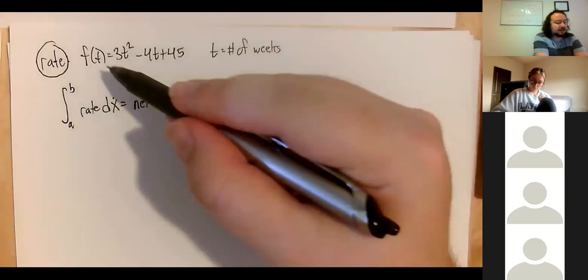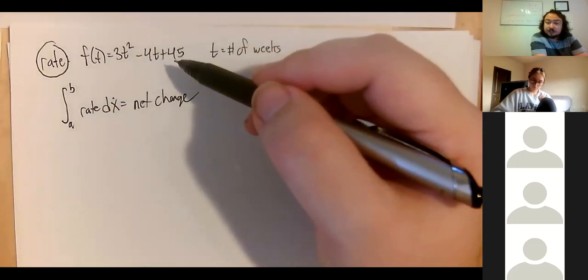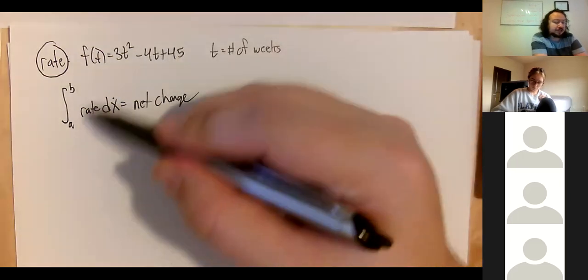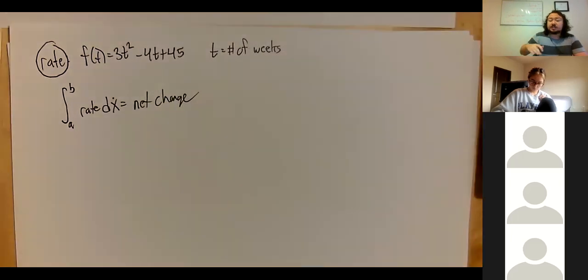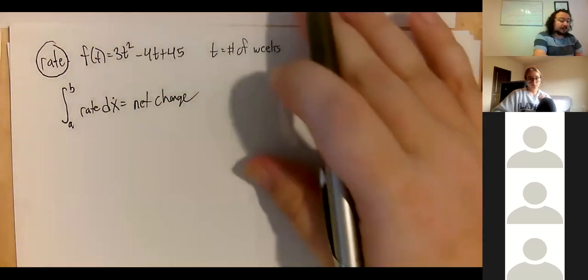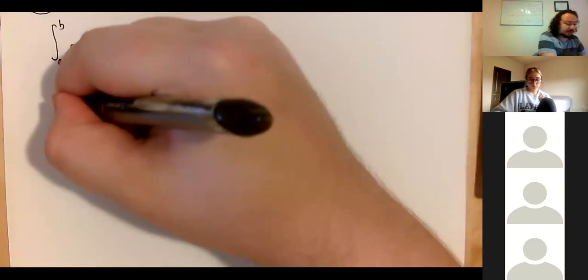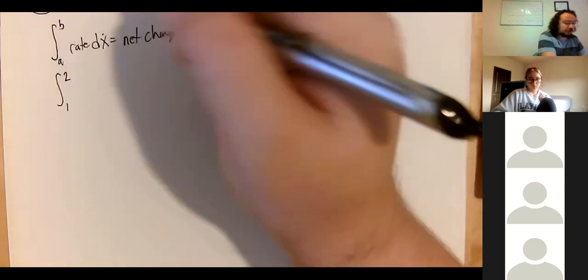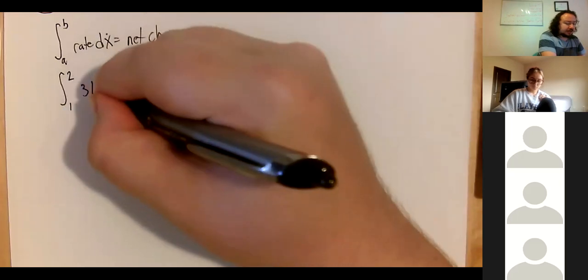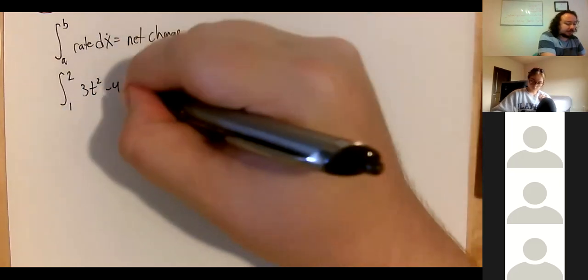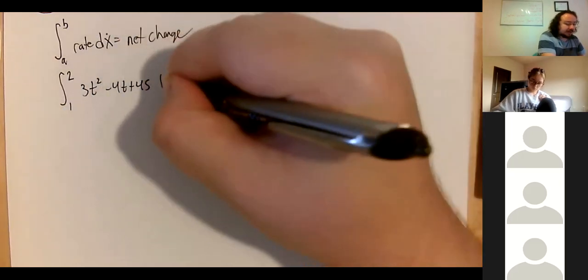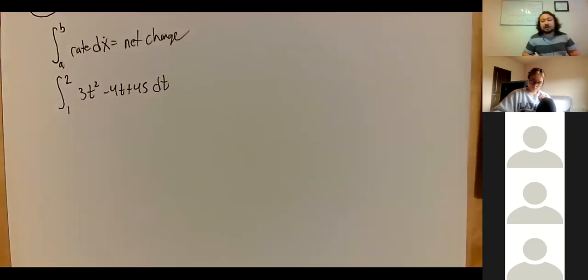So in our case, if we integrate the rate at which we're producing the unicycles from 1 to 2, we can see how our number of unicycles changed over that time. And that will give us what we want to know. So we're going to do the integral from 1 to 2 of our rate, which is 3t squared minus 4t plus 45. And we're doing this for 1 to 2 because we want to start at the end of the first week and then go to the end of the second.